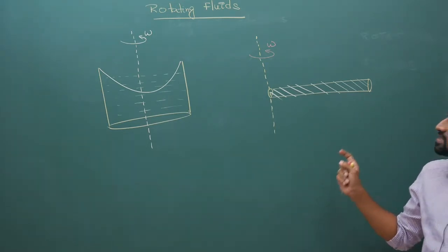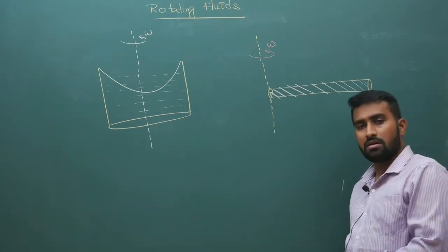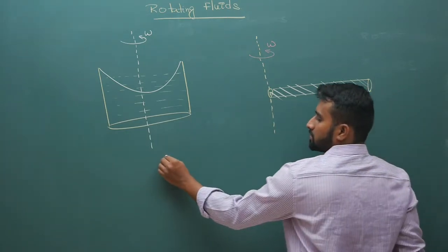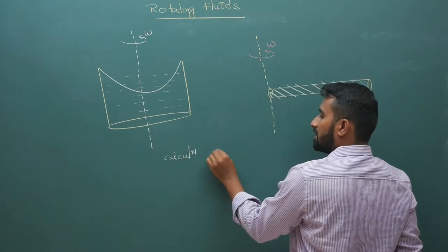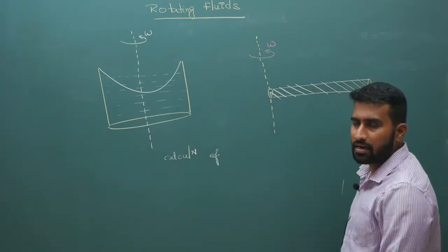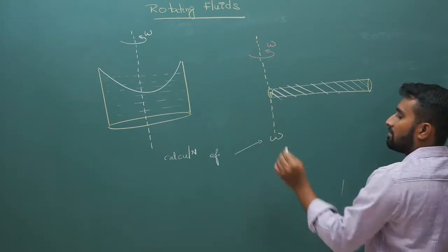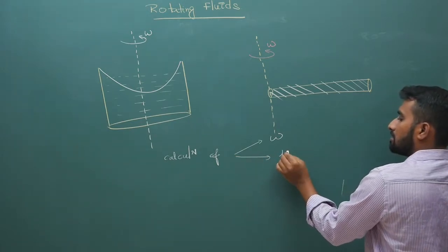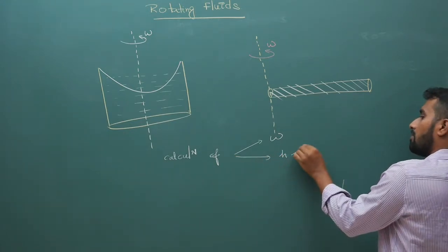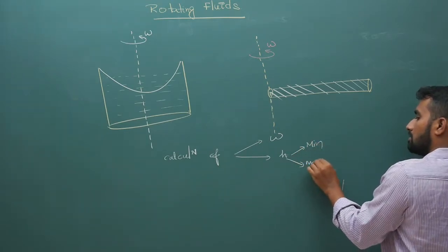Most of the questions will be related to these situations. In the first situation, the target is calculation of angular velocity omega and height, the minimum value and maximum value.